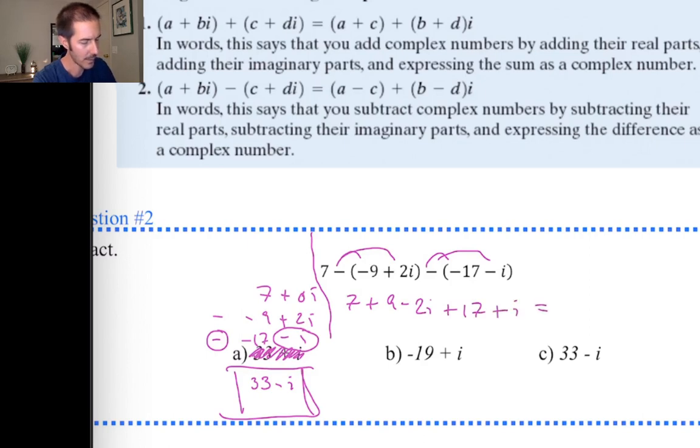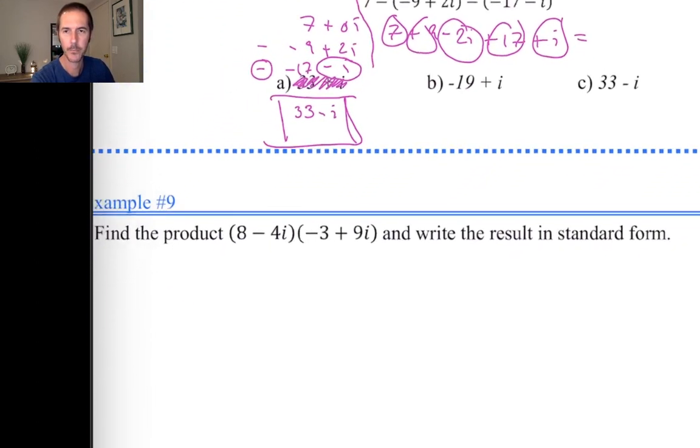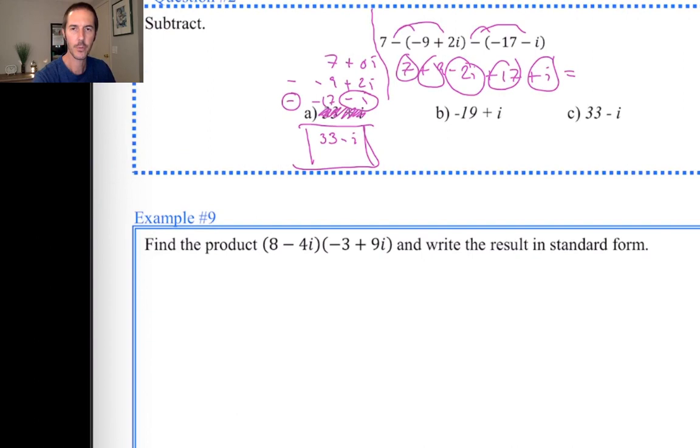And if you combine like terms, there's the 7 plus the 9 plus the 17, which gives you the 33. And here is the negative 2i plus i, which gives you negative i. So we get the same answer. So two different techniques for solving the same problem. That was subtraction. You can imagine addition wouldn't be very different from what we just did there.